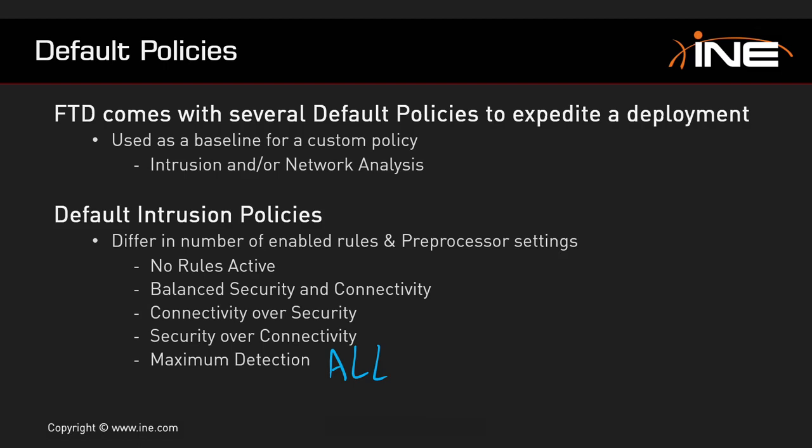Plus, it also uses the largest number of preprocessor settings, and those settings are the most offensive. So this last option is what is actually recommended for testing. You don't really want to use this template for a production network because you will easily overrun your FTD.